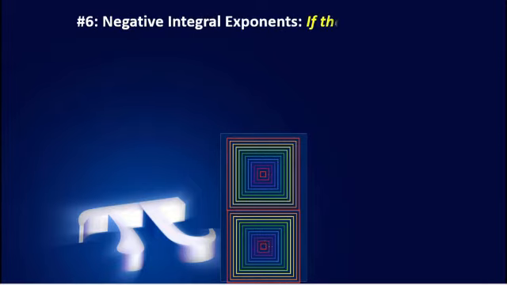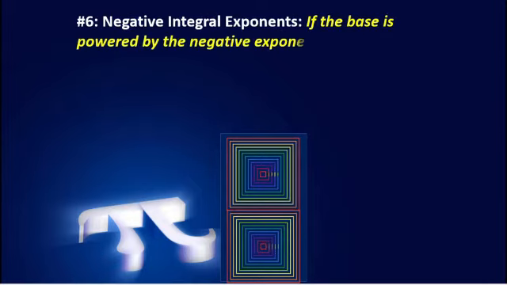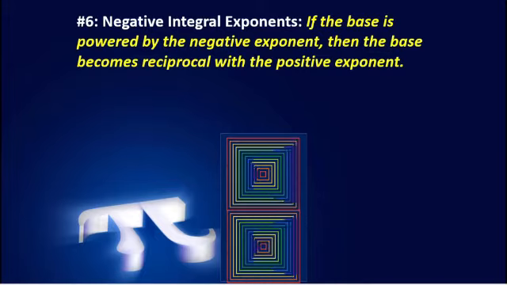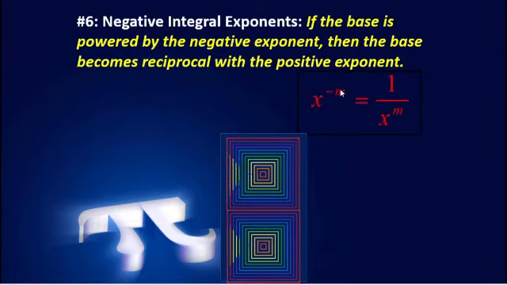Next. Sa pang-anim naman is the negative integral exponent. So, sabi dito, if the base is powered by the negative exponent, then the base becomes reciprocal with the positive exponent. So, ganito yan. If you have x raised to negative m, that is equal to 1 over x to the m.